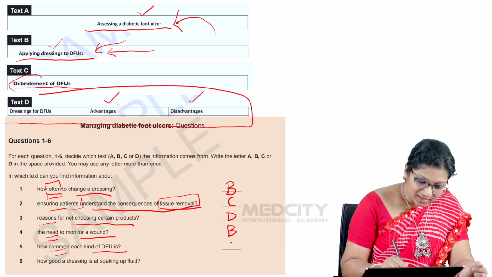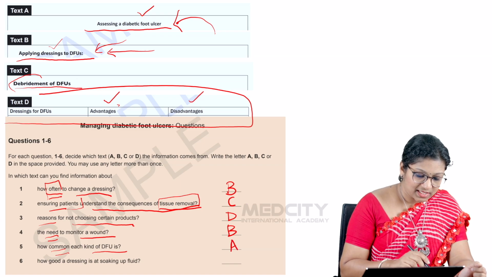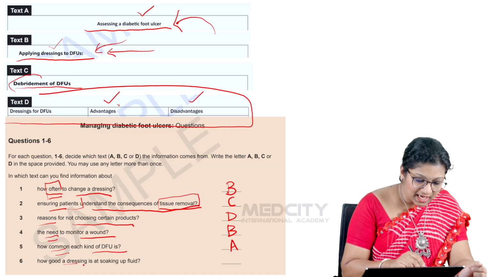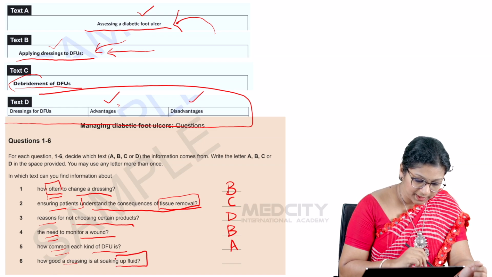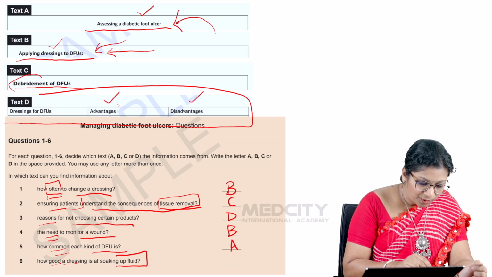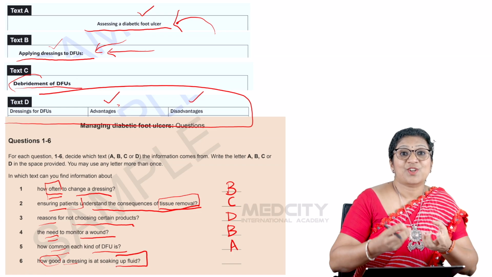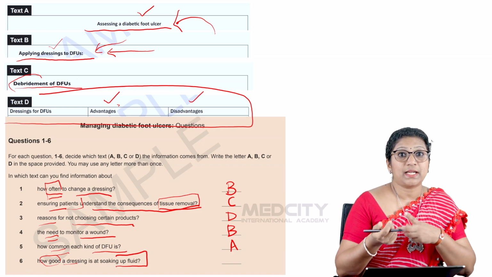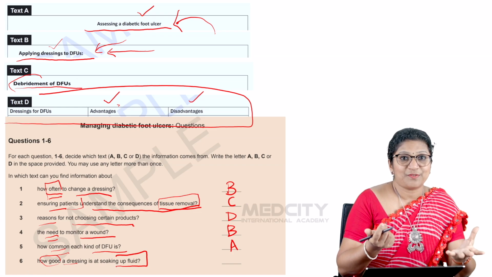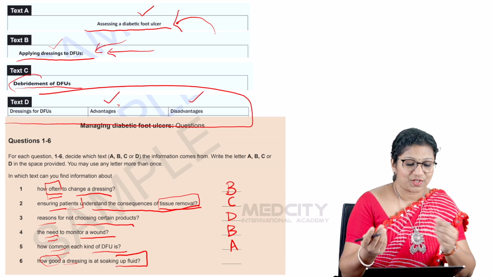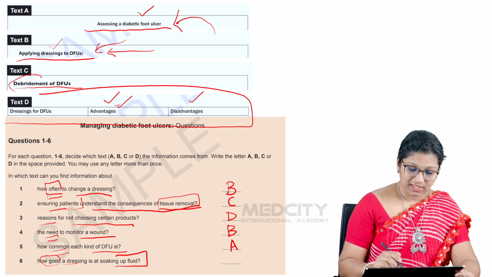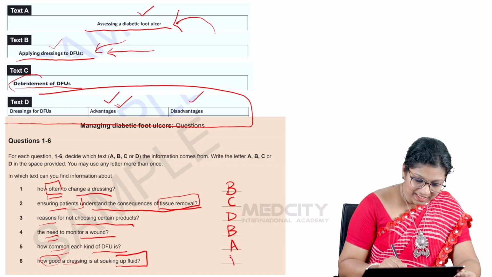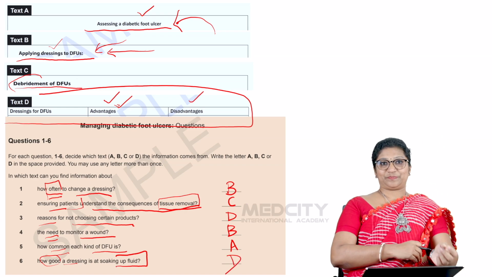So, yeah. And how good a dressing is at soaking up a fluid. Soaking, how good? Okay, that means its quality. Quality means advantage, benefit of using it, right? Not the disadvantage. So because we have keywords here, let's say this is from text D.